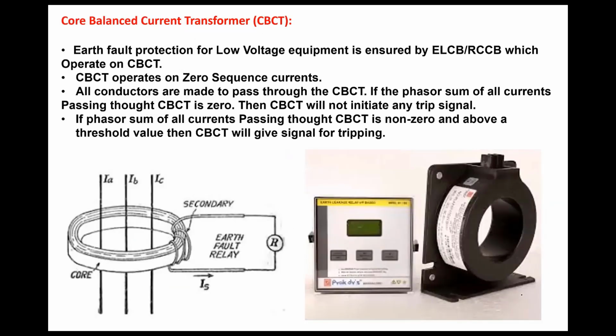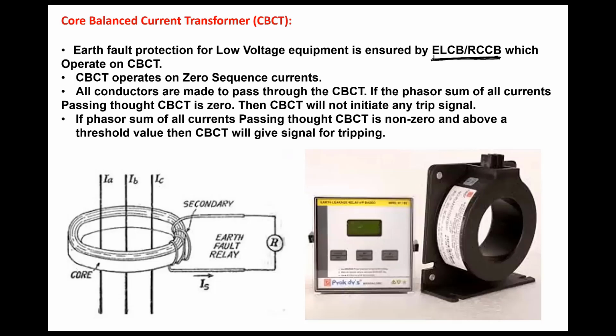The next type, apart from CT and PT, is the CBCT, core balanced current transformer. It is mainly used for earth fault protection or for operating the ELCB and RCCB. ELCB means earth leakage circuit breaker, and RCCB means residual current circuit breaker.